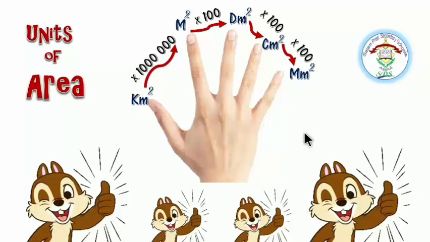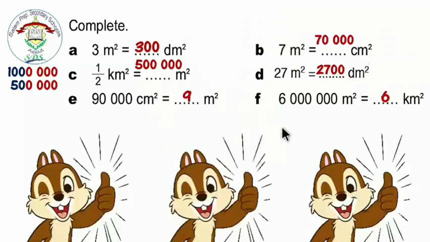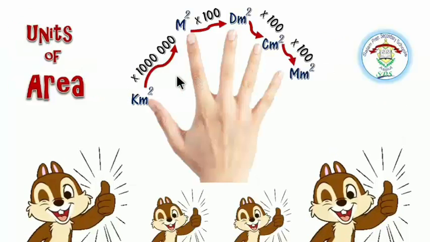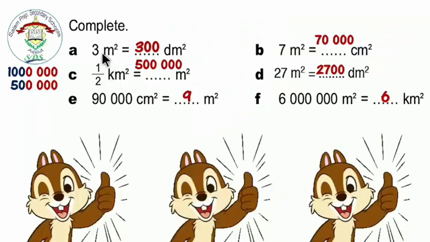Please don't forget. 3 square meters equal 300 square decimeters. From square meter to square decimeter, we will put 2 zeros. 3 square meters equal 300 square decimeters.